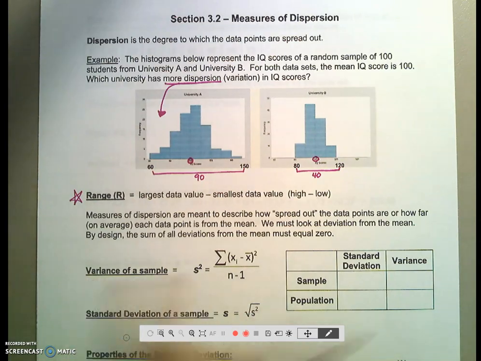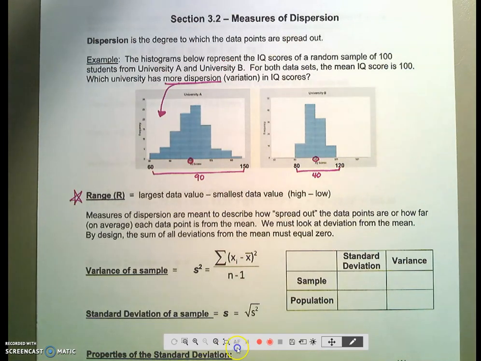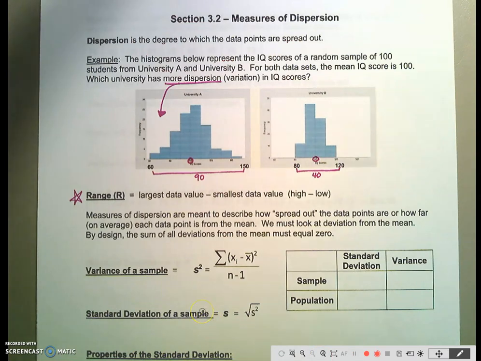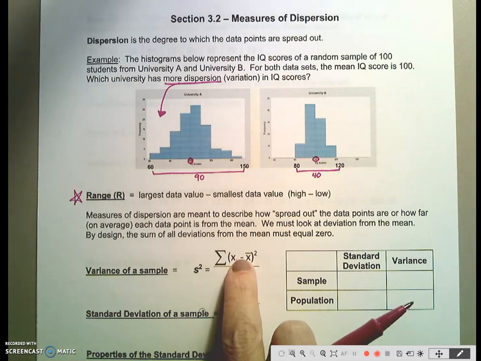So we are going to talk about this thing called variance. And I know the formula looks super scary. It's really not that scary. What it says to do, we're going to break it down into parts. You take each data point and you subtract the mean, and you find out how far it is away. Well, if your data point is larger than the mean, then when you subtract, this number will be positive.